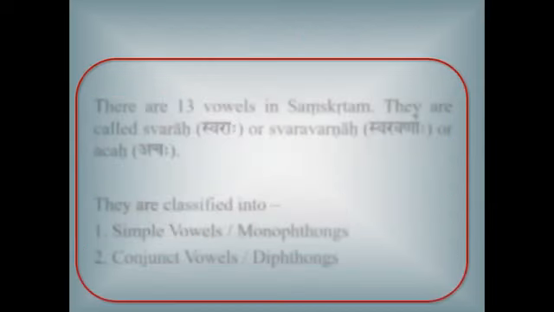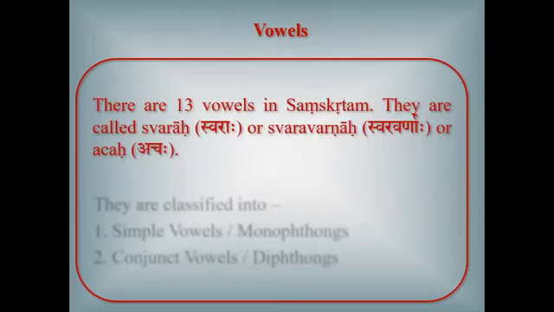Then, in this Aksharamala, we are going to see first the vowels. The number of vowels, according to some people, may differ, but for our class, for our study, we are going to take the vowels to be 13 in number. There are 13 vowels in Saṃskṛtam. They are called Swaraha.